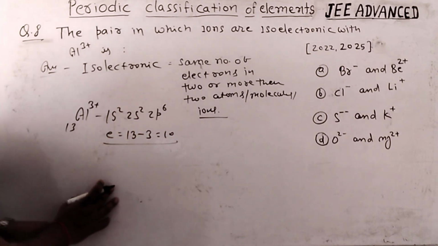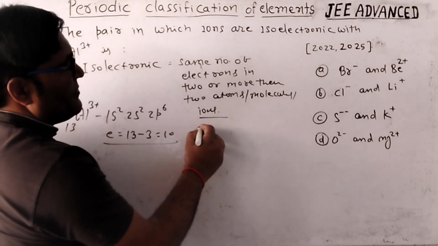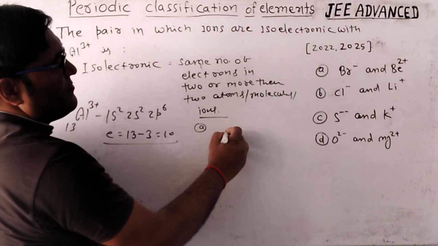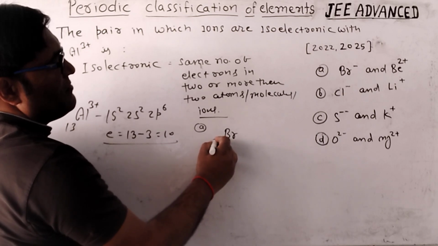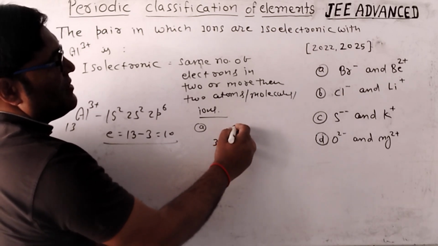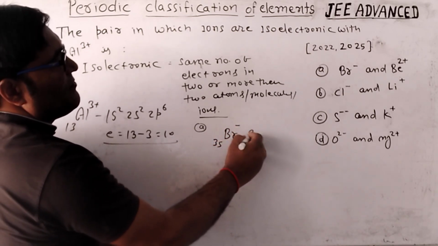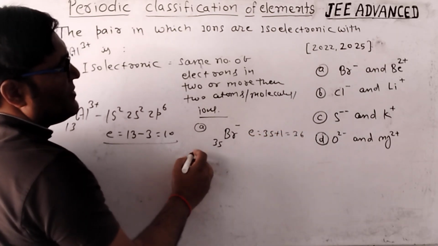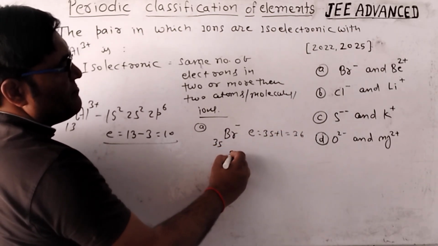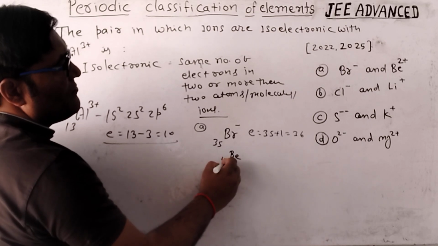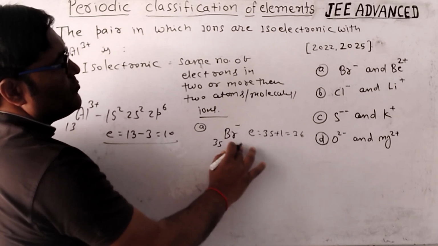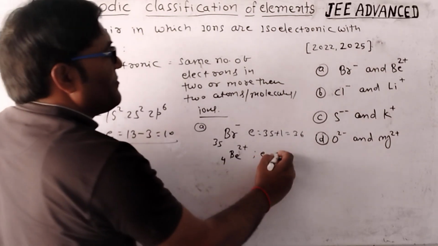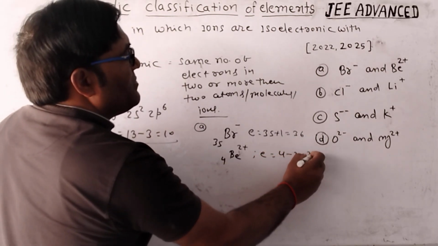Now in case of option A, bromine, atomic number 35, and due to the presence of a single negative charge, electrons are 35 plus 1, 36. In case of beryllium, atomic number 4, due to 2 positive charge, electrons are 4 minus 2, equal to 2.